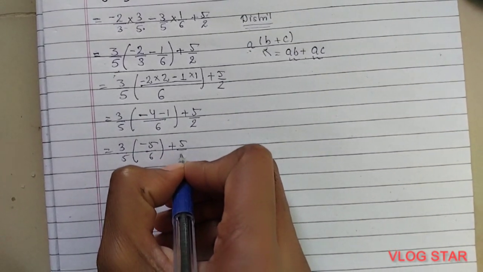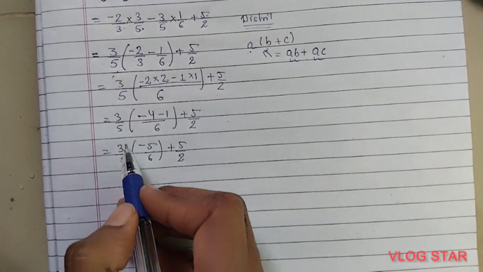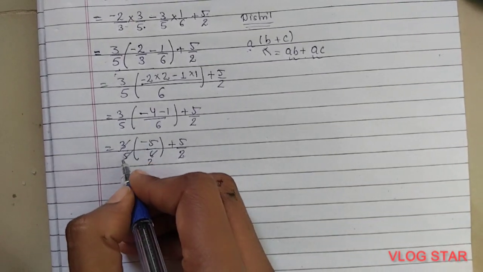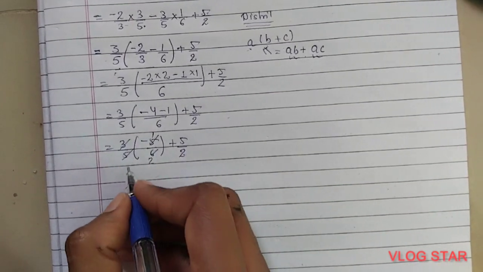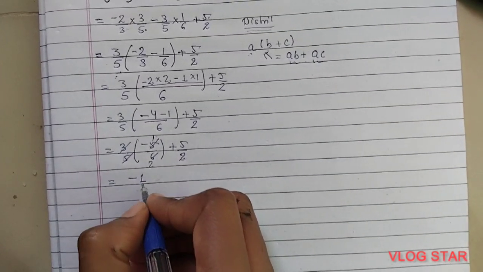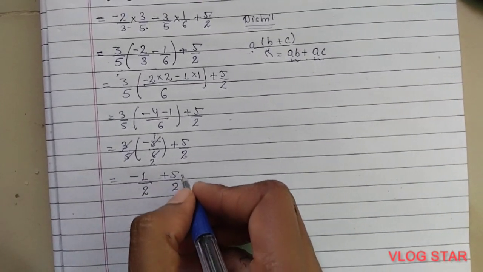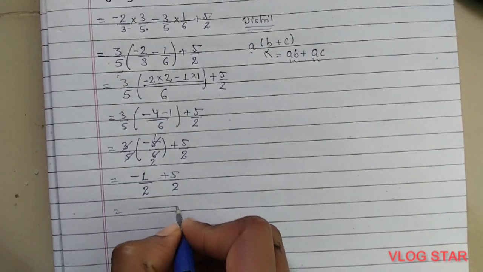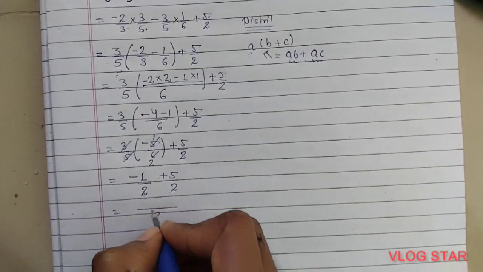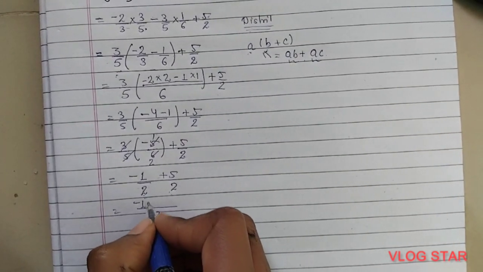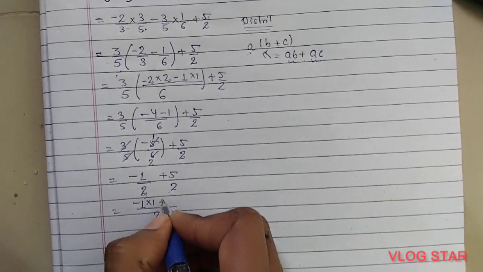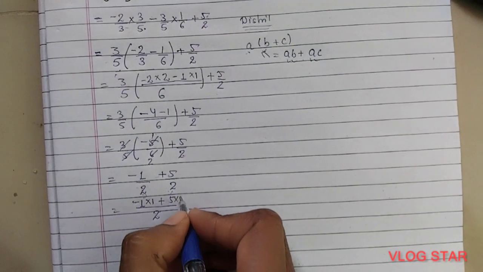Now can you cut 3 by 6? Yes, you can cut it 2 times, and 5 with 5 one time. What you will get is minus 1, nothing else, and in the denominator you will get 5 by 2 as it is. Now I am going to take the LCM of 2 and 2, which is 2. 2 ones are 2, means as it is I am writing minus 1 into 2 ones are 2, means multiplication with 1, plus 2 ones are 2, 5 ones are 5.